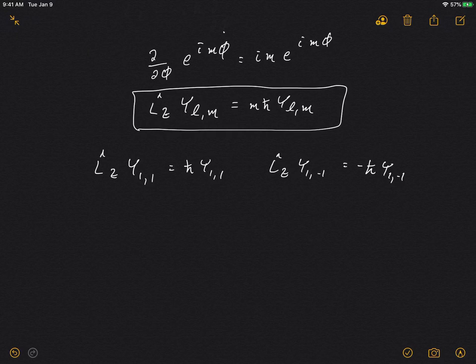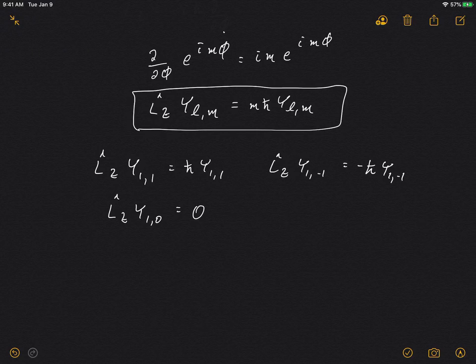And here's one that seems a little tricky. This one's a special case, or kind of an edge case. We know that we have cases where the m quantum number is equal to 0. Also, the L quantum number can be equal to 0. So let's look at Y1,0. Acting LZ on that is going to give us 0. And this is fine.